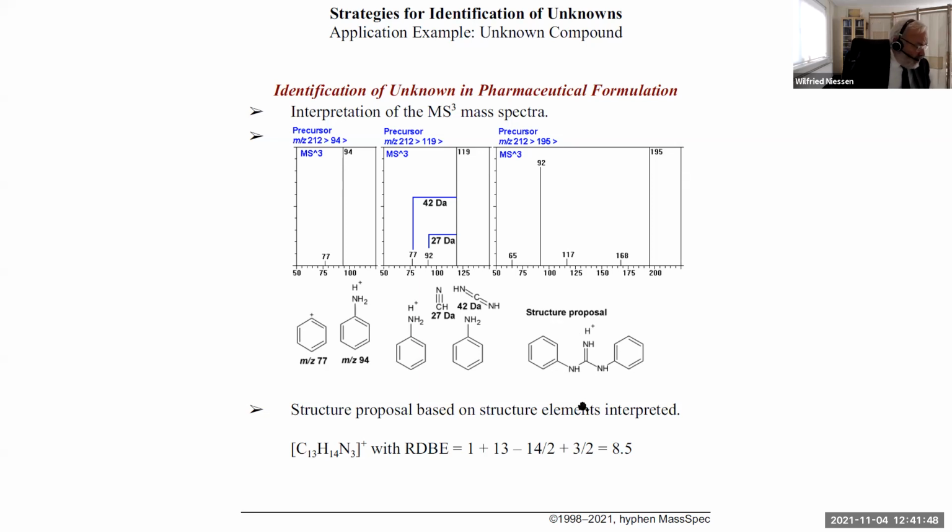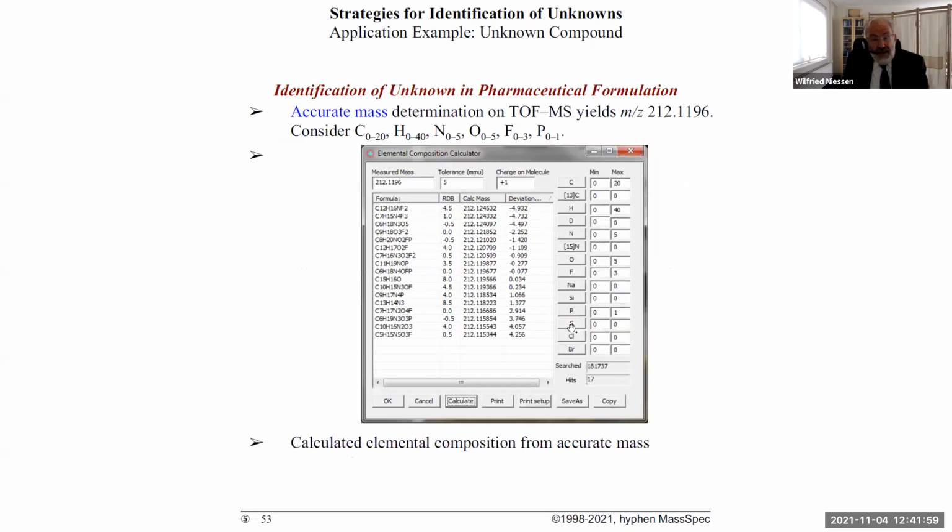So the next step in the procedure is that I now want to confirm the elemental composition by accurate mass. And the accurate mass acquired on a time-of-flight instrument is 212.1196.